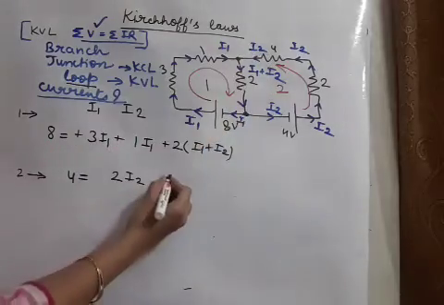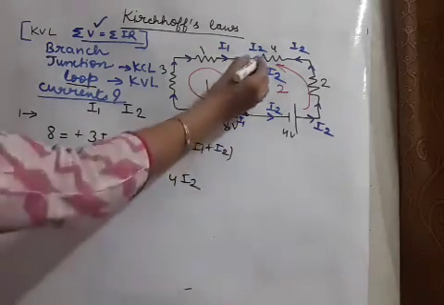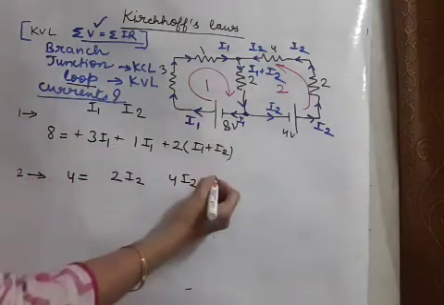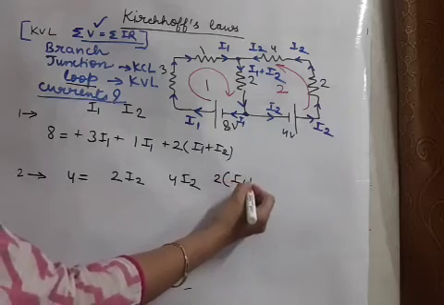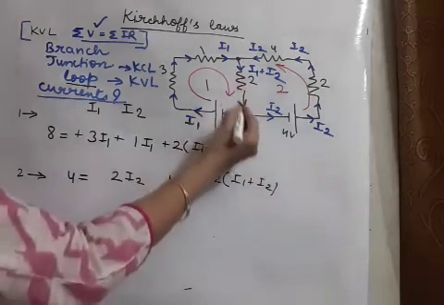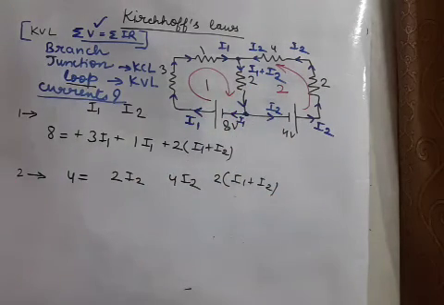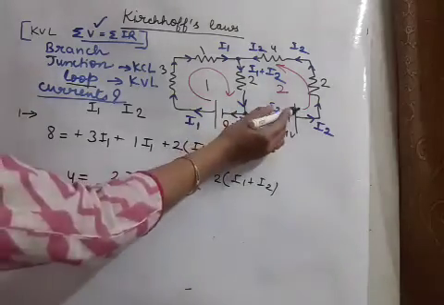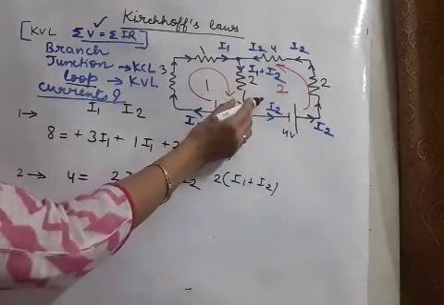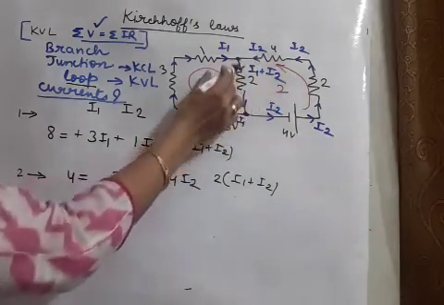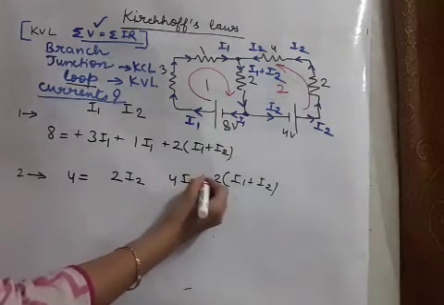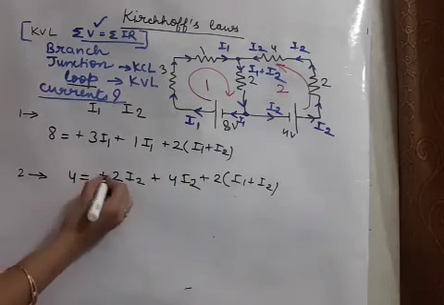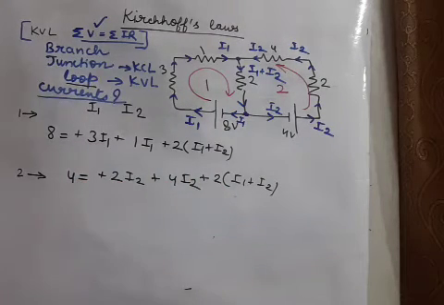The second resistance appearing is 4, its current is I2. The third resistance is 2, its current is I1 plus I2. And then the battery again. Whatever red direction we have selected, are all the currents in the same direction? Yes, so we apply a positive sign. These are the two KVL equations prepared for the two loops.